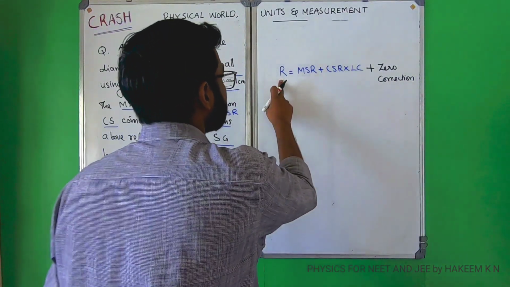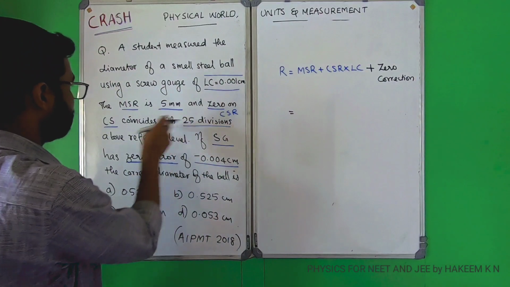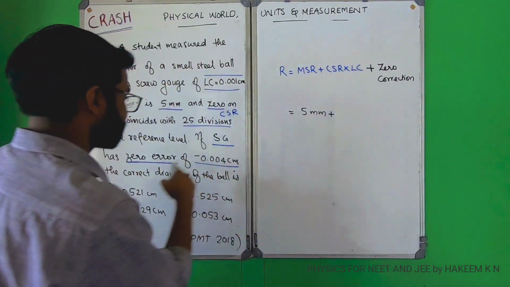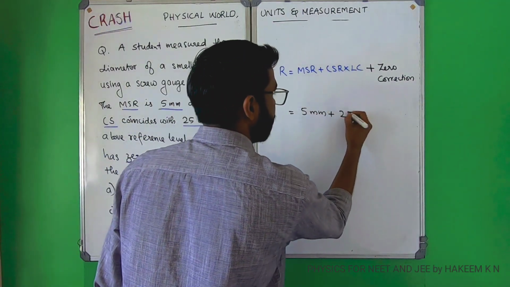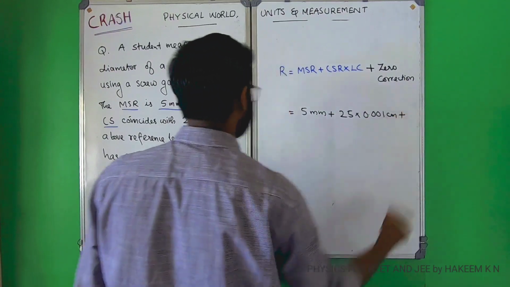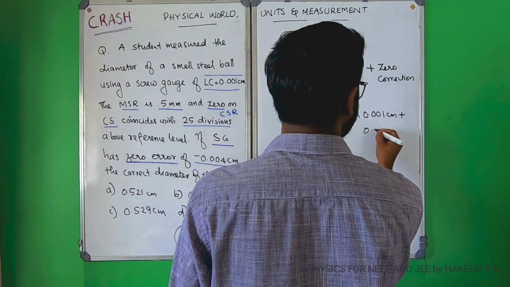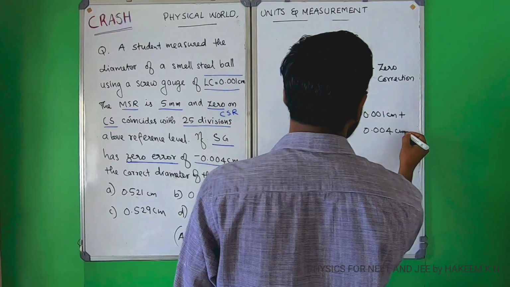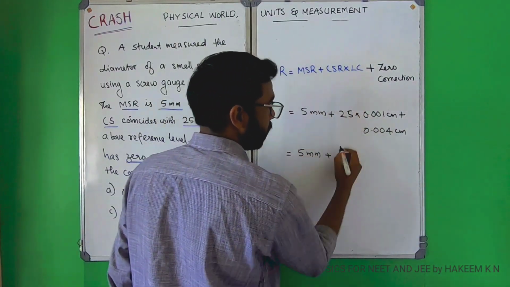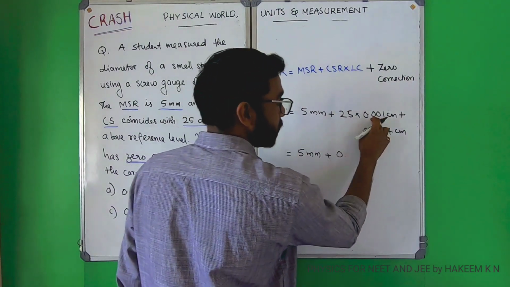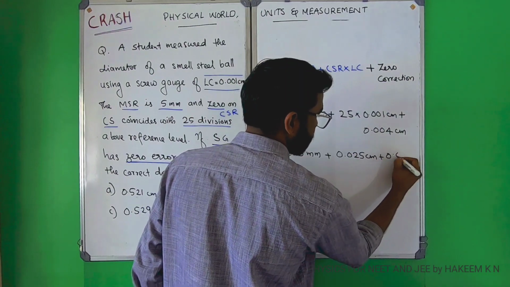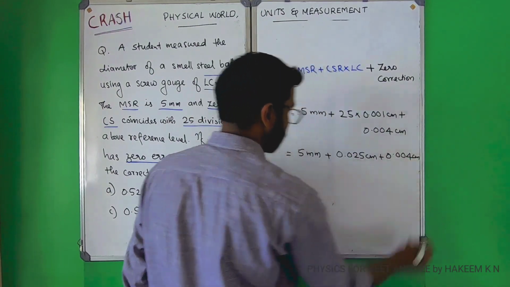So reading of screw gauge: main scale reading is 5 millimeter plus circular scale reading is 25 into least count 0.001 centimeter plus 0 correction 0.004 centimeter.